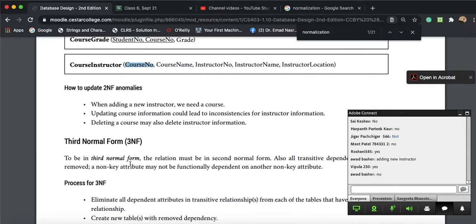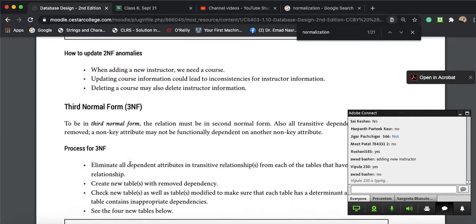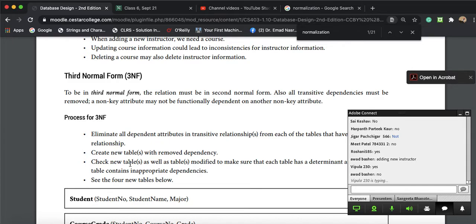Is it in the third normal form? Let's check. For a relation to be in the third normal form, it has to be in the second. Yes, it is in the second. So the first condition is okay. All transitive dependencies must be removed.